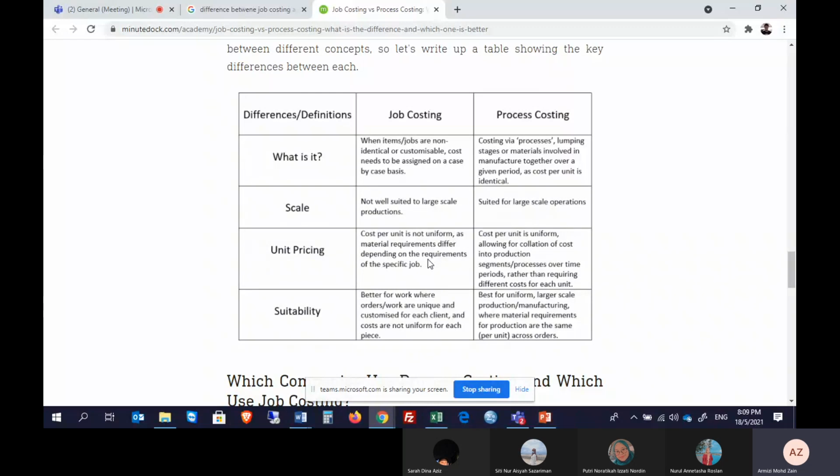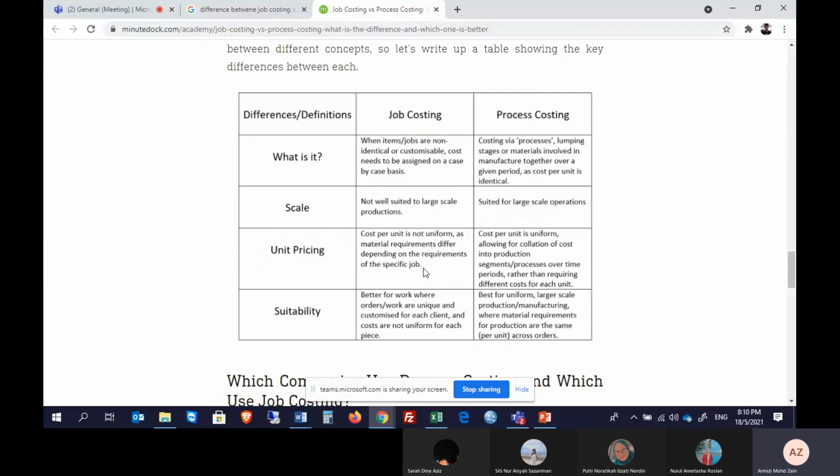If you are an actor, you have different requirements for different dramas or different films. So we have to follow the requirement, and sometimes the total cost that you have to incur for one film or drama is different from another.